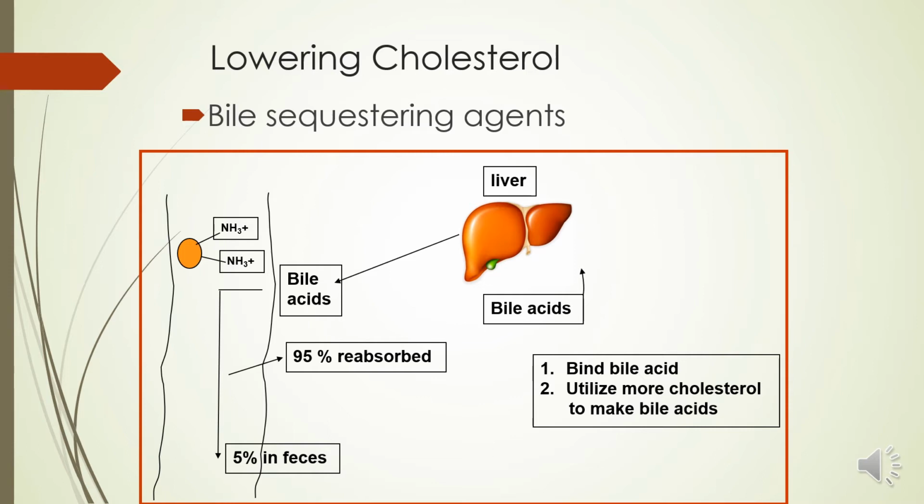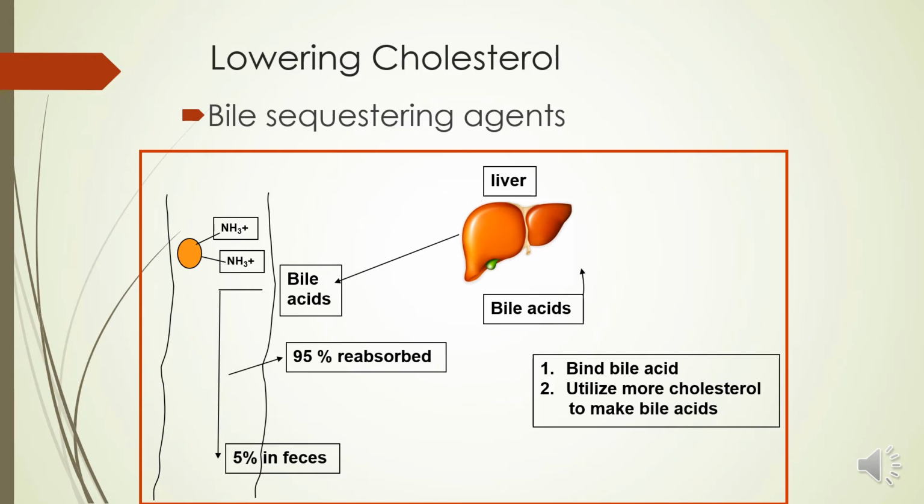And as we know, a great percent of bile acids is reabsorbed and recycled in the liver, where they have a great percent of the cholesterol with them, and only a small percent passes with feces.